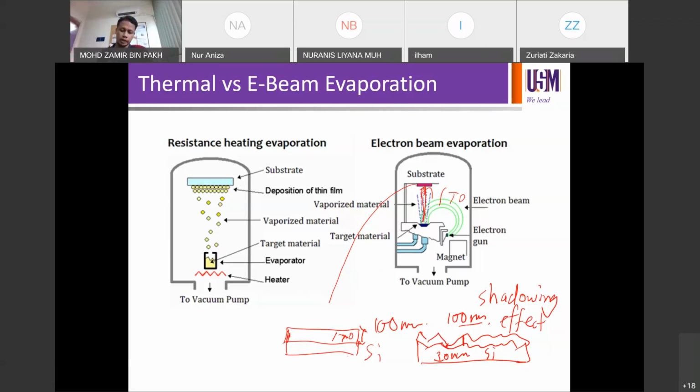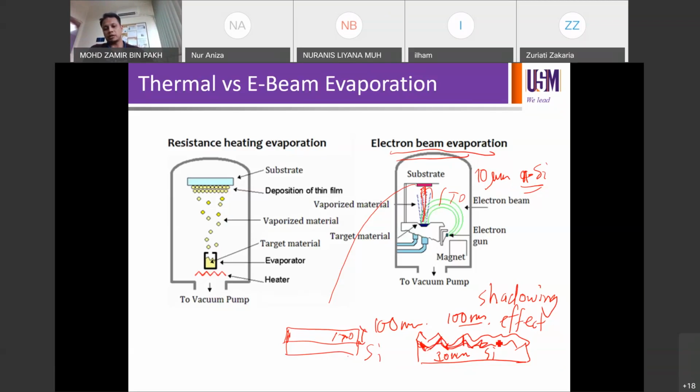I faced this problem when I did my PhD because I used electron beam evaporation to evaporate 10 micron of silicon. It's actually amorphous silicon, but later crystallized. But I did my deposition on glass. I was making a solar cell, but my substrate was glass, and not only glass, my glass was textured. So I had steep angles on some areas of the glass.